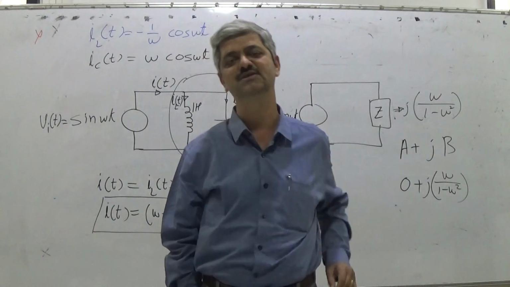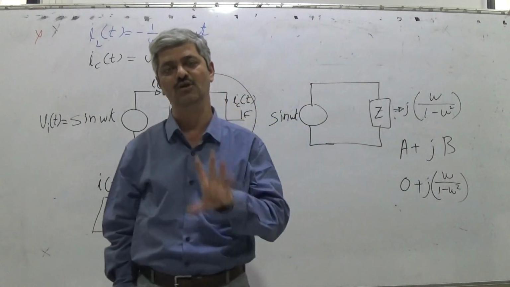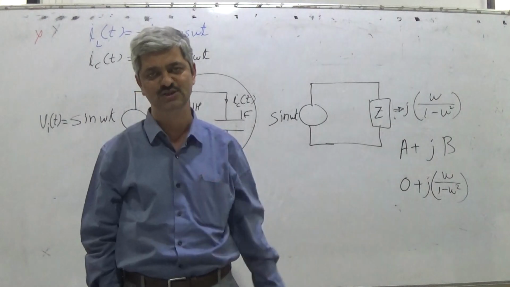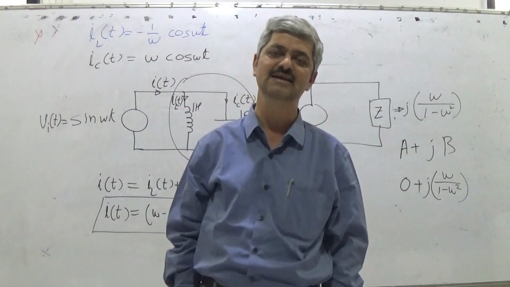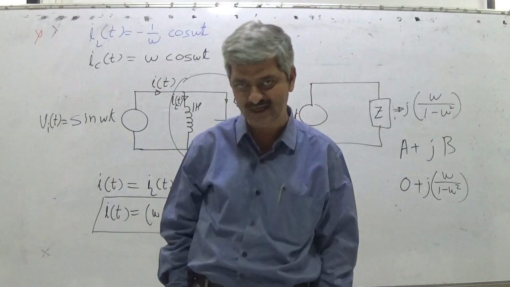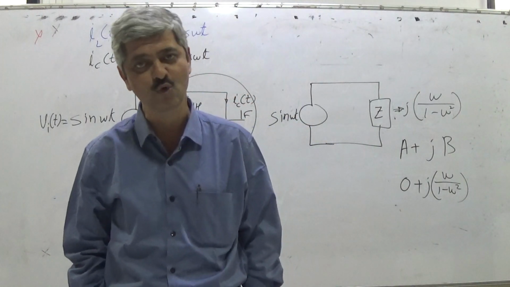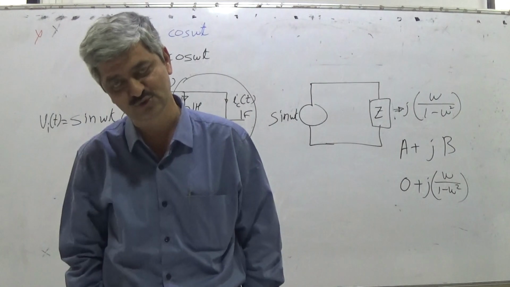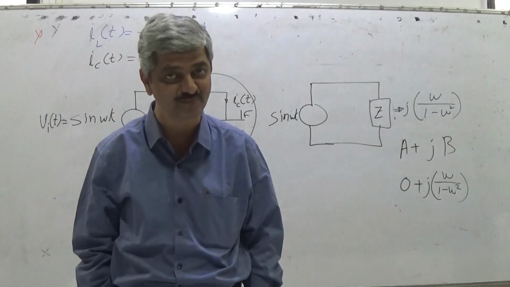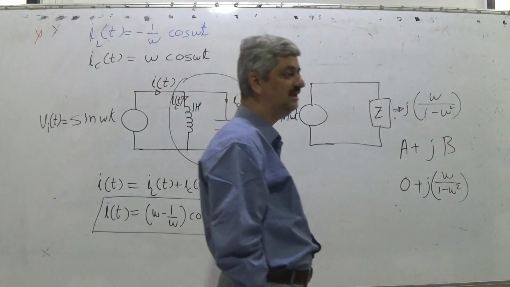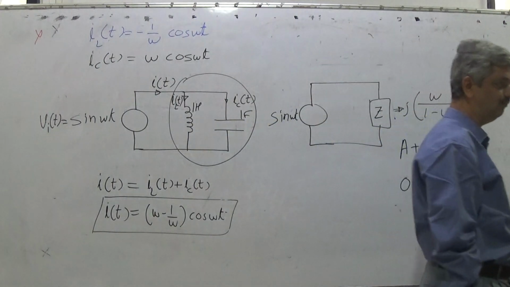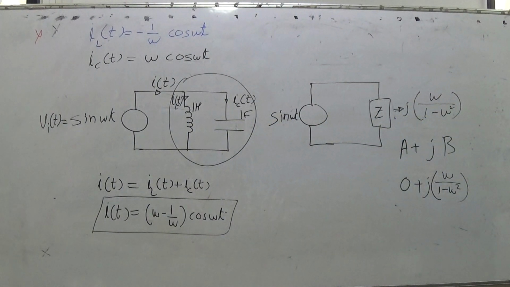We say that the frequency of a sinusoid is positive. In that case, if omega is less than 1, numerator is positive, denominator is positive, so the overall ratio is positive. So it is J into something positive, which is inductive, like an inductor.